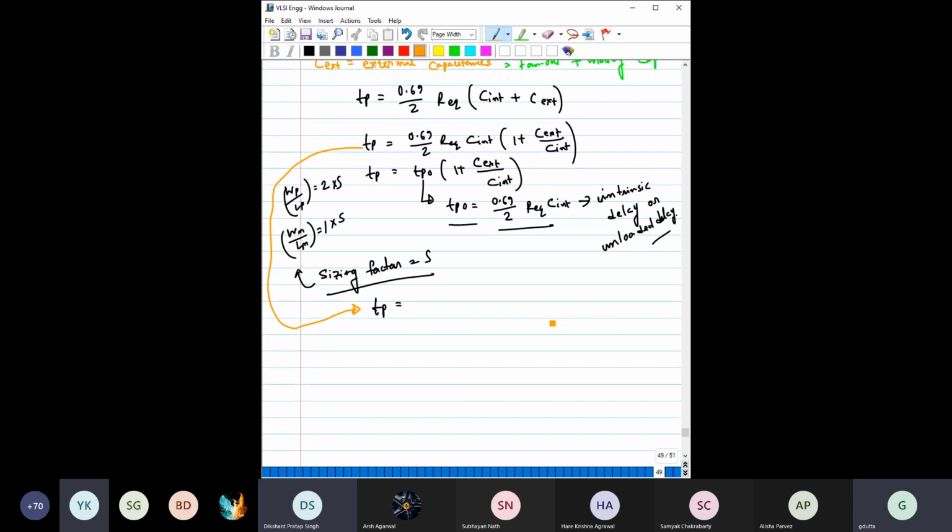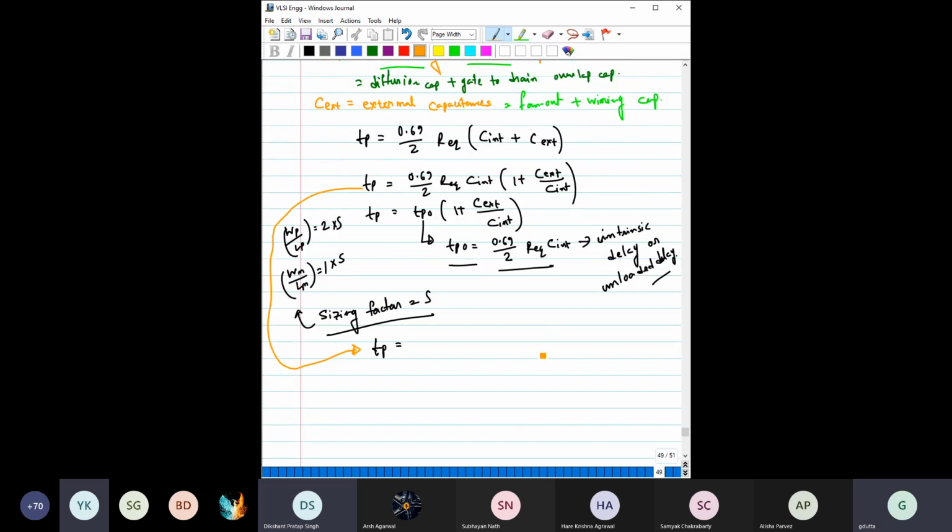So if you have understood the earlier discussion, you should be able to tell me what should be the value of TP if we now increase this PMOS and NMOS width by S times. No? Okay, so maybe let us try it like this. So 0.69 by 2. Anyway, this is not going to change.